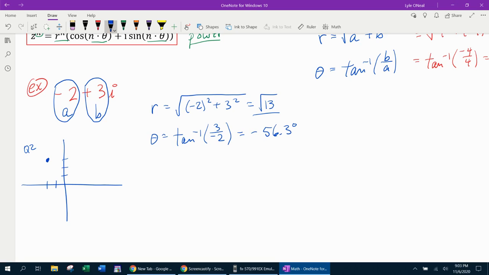-56.3 degrees. Now, what I want you to notice is that this angle, since it's negative and acute, is going to be a quadrant 4 angle. That is not going to line up with the angle that we need to get us into quadrant 2.